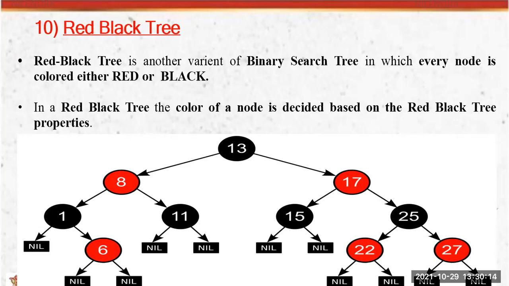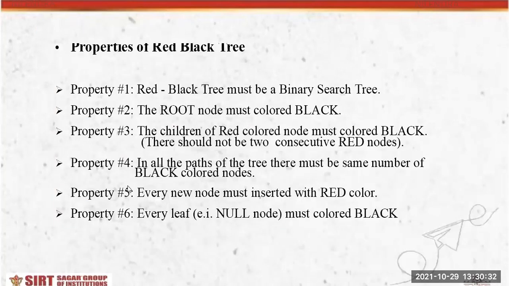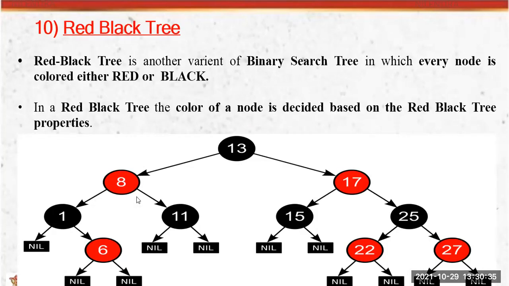If you are inserting a node below a parent node, all the nodes at that particular level will become of that particular color. Let's suppose the root node is black, and similarly your child nodes are red. Or the opposite: 8 is red, and 1 and 11 are black. So it changes alternately, red and black, and it is following BST.